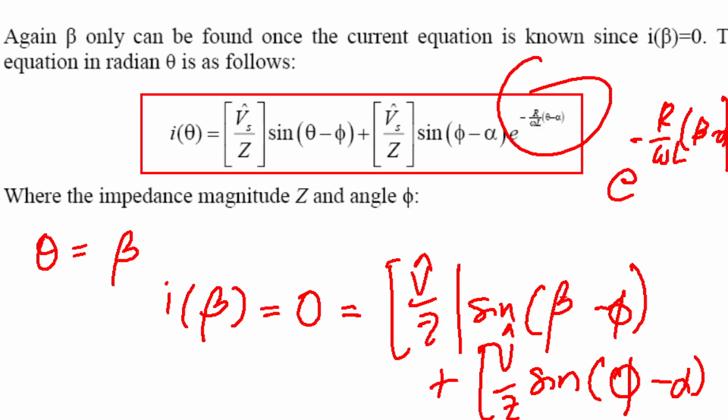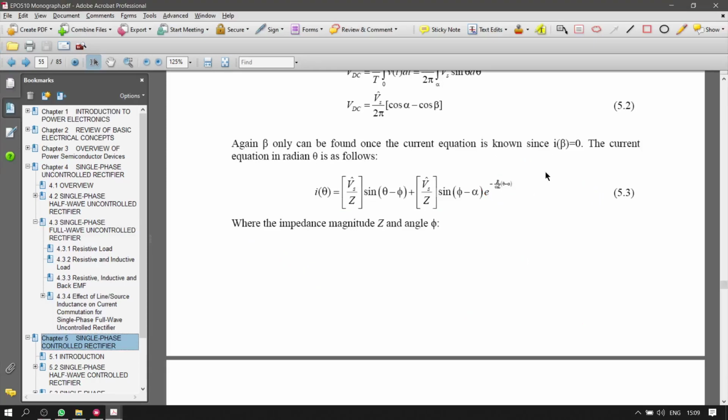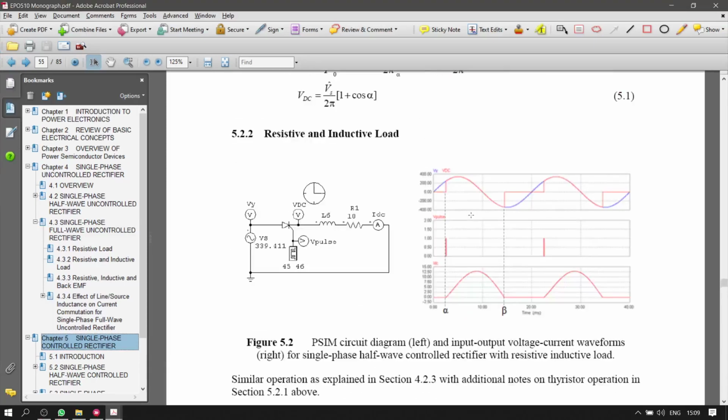Then you must remember there's one video on how to determine beta here, I think the first video. So go back and look into the first video on how to use the calculator to calculate beta here. In this case, you can determine the beta there, and this is for a resistive inductive load for single phase half wave.